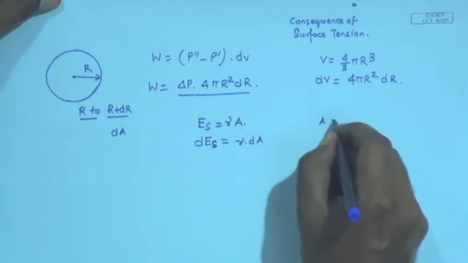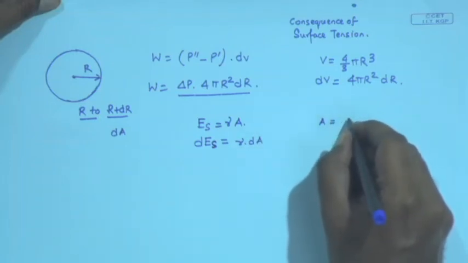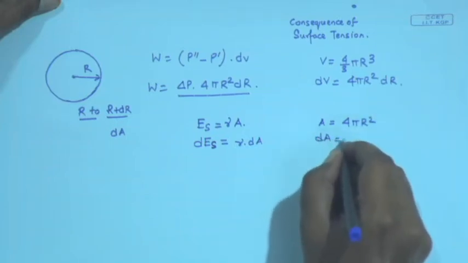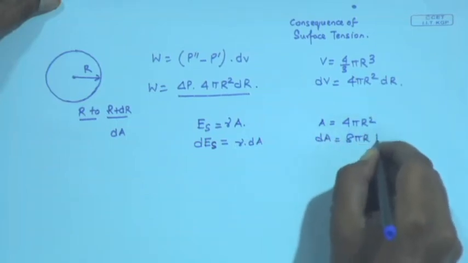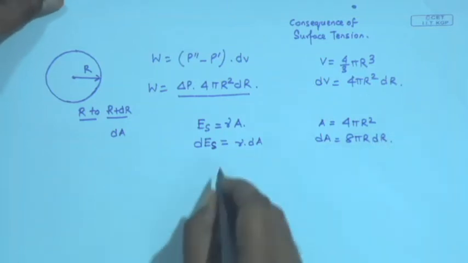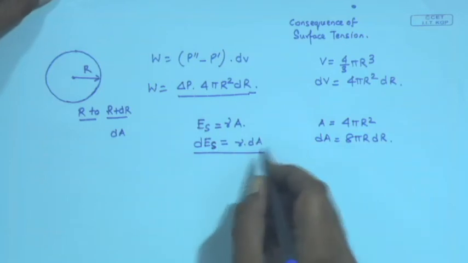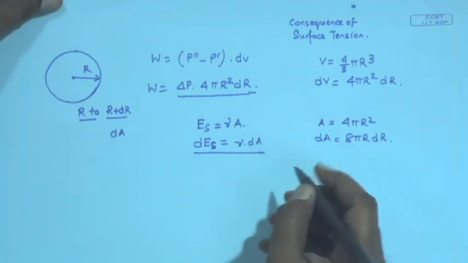Now, we know for a perfect sphere A is 4 pi r square, therefore, dA is going to be 8 pi r dr. Therefore, what we get is the work that you have done has essentially led to an increase in the surface energy of the drop.